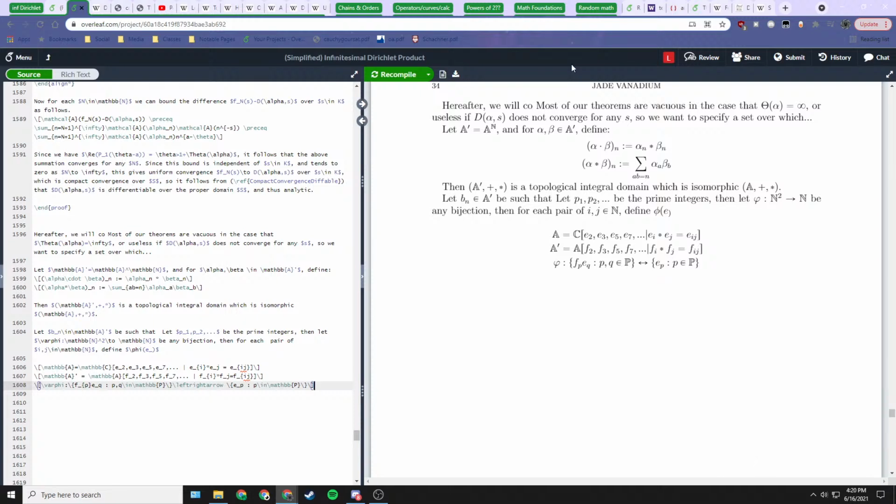So you would define a bijection phi which maps this set over to this set. And then you can extend this bijection, no matter what you choose. There's a unique extension of phi as a bijective mapping from A prime to A, which is linear, multiplicative, and continuous.